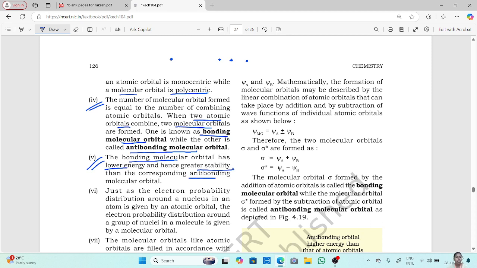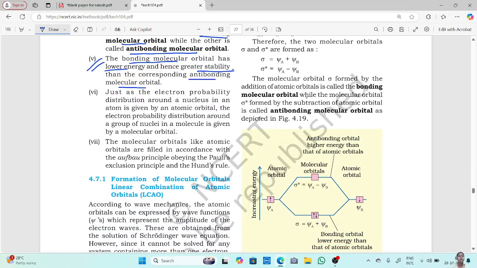So if the bonding molecular orbital has lower energy and greater stability, then the antibonding will have higher energy and lower stability. Just as the electron probability distribution around a nucleus in an atom is given by an atomic orbital, the electron probability distribution around a group of nuclei in a molecule is given by a molecular orbital.